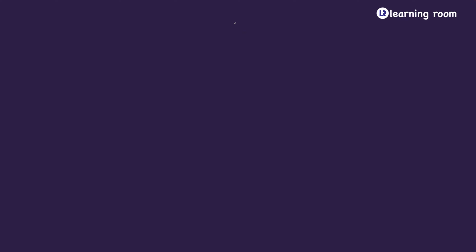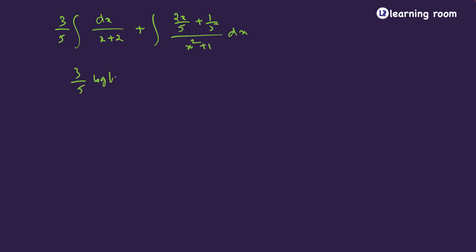See, I'll just do this problem quickly, not the whole one. I'm assuming you got this: 3 by 5 integral of dx divided by x plus 2, plus integral of (2x by 5 plus 1 by 5) the whole divided by x square plus 1 dx. So you will get 3 by 5 times log of mod x plus 2. Am I right?